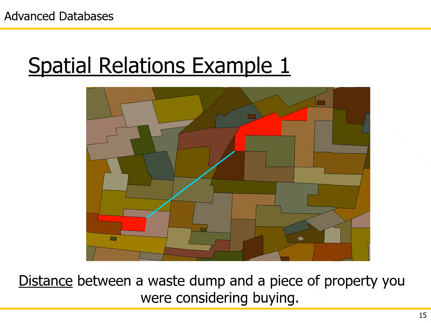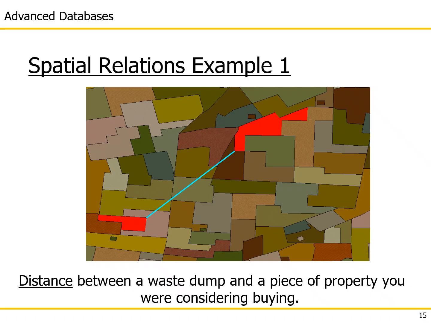And that cyan line is actually the shortest distance between the two red regions. Okay? Any other 2 points you pick on both sides, one from this red plot at the bottom left, and another point from the red plot at the top right, will not give you the shortest distance. So if you ask what's the shortest distance between those two red plots, you have to calculate it using the angles or the corners that I have used here to draw the cyan line.